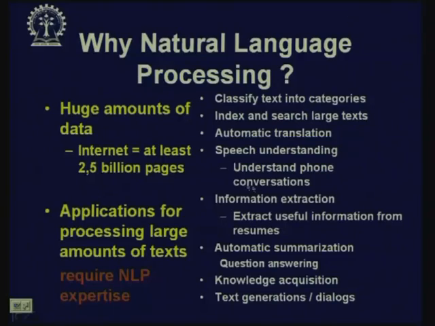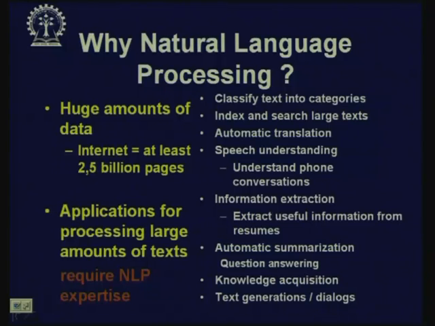Speech understanding is another important application, where, for example, here is only one example given, understanding telephone conversations. But besides that, there can be so many other applications. If we could have a computer which could understand the speech of a person, say in Hindi, and that is automatically translated into text and recorded in the database of a computer, then it will be very useful not only for telephone conversations, but also for many other applications.